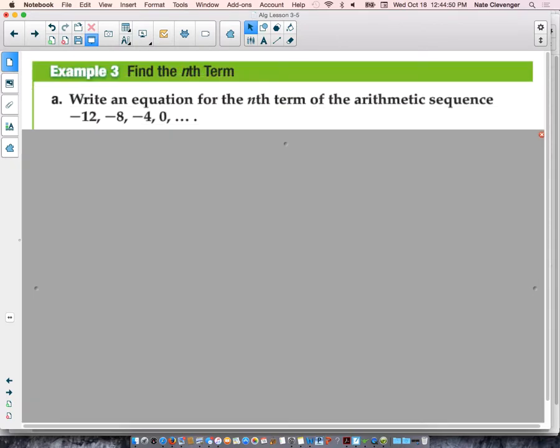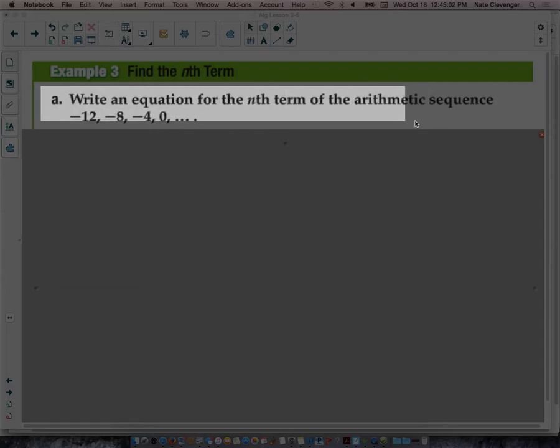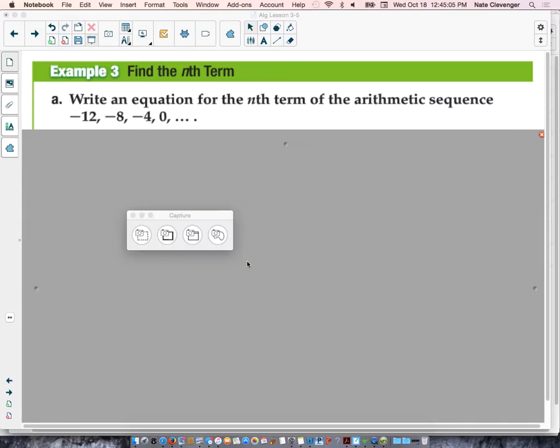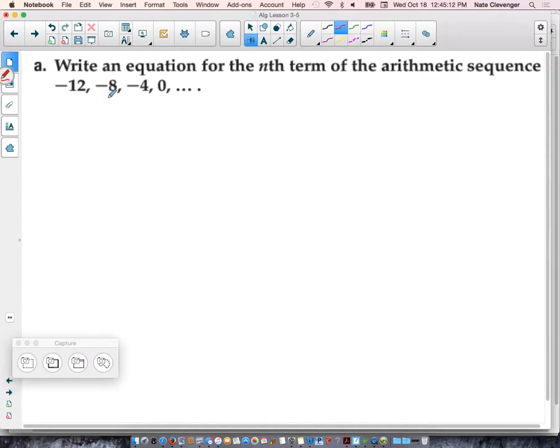Okay. So writing an equation for the nth term of this sequence. What is the common difference, first of all? Adding 4, correct? Adding 4, adding 4, adding 4. So our common difference is going to be 4.